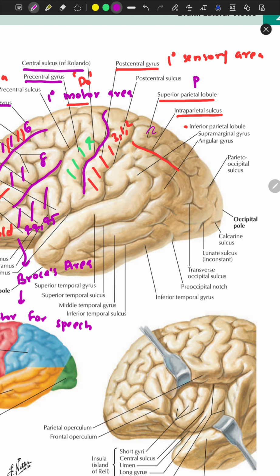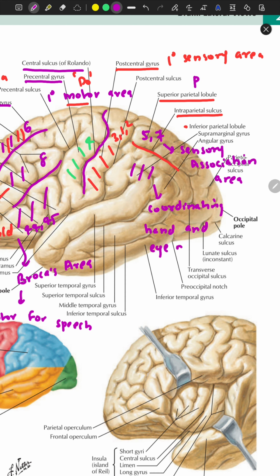The superior parietal lobule is concerned with areas 5 and 7, the region of the sensory association area. And the inferior parietal lobule is coordinating hand and eye movement.